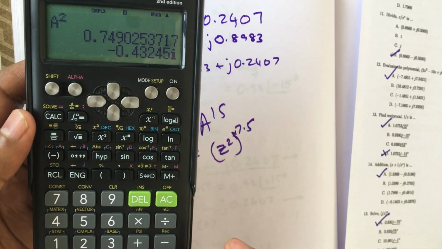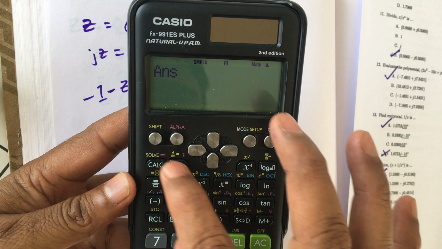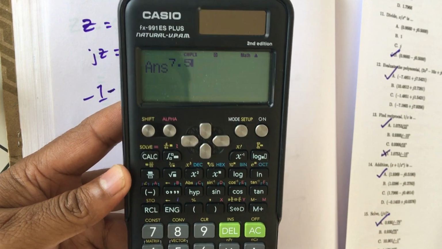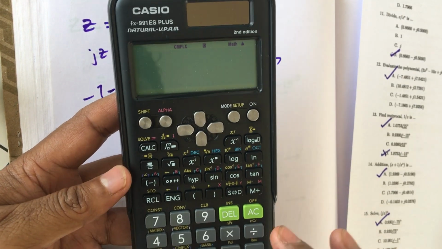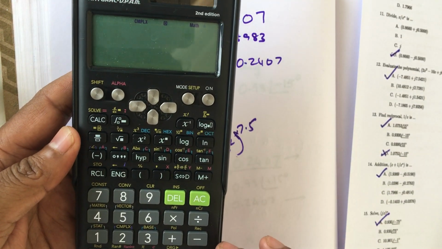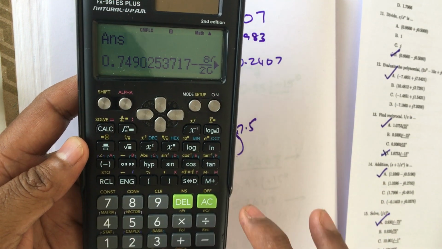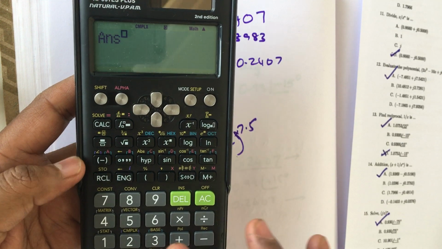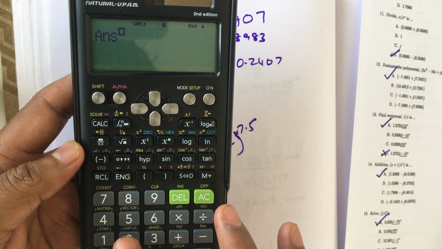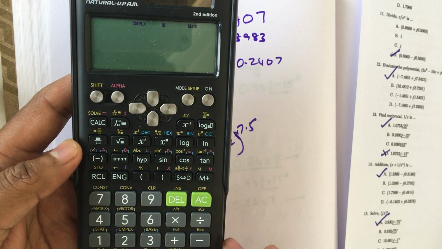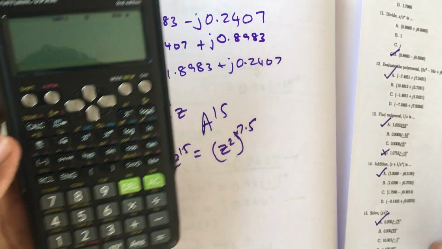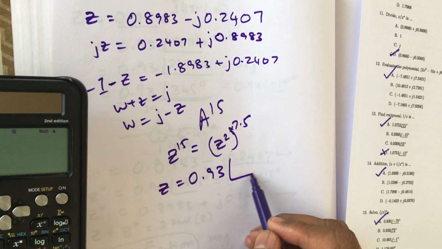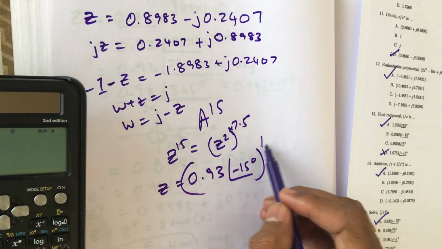Let me tell a simpler way: 0.93 angle minus 15 degrees whole to the power of 15.